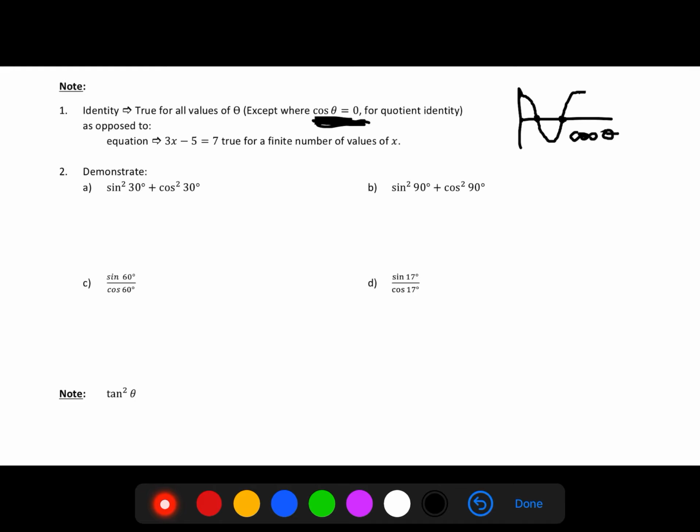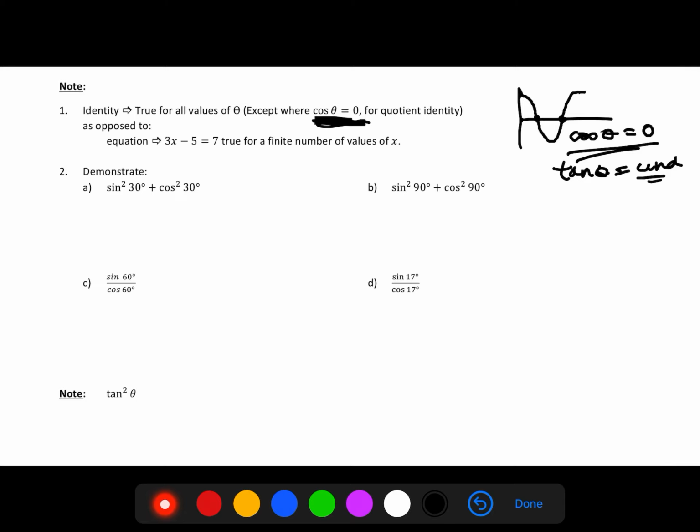And if you remember where cos theta is equal to 0, if we start here and we use our function, at 90 degrees and 270 degrees, cos theta would be equal to 0.